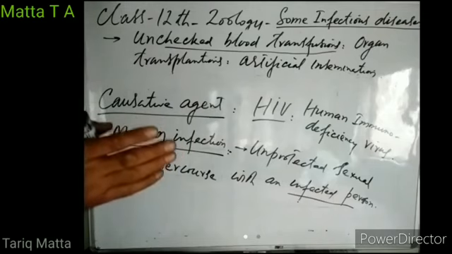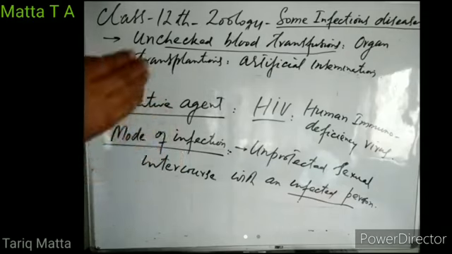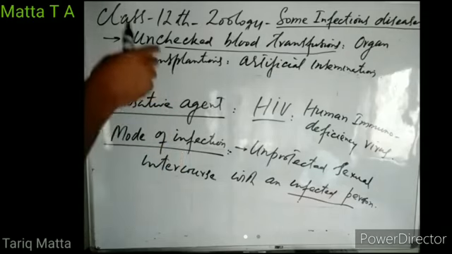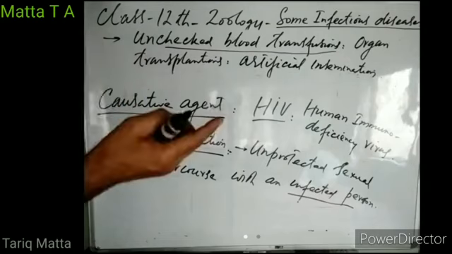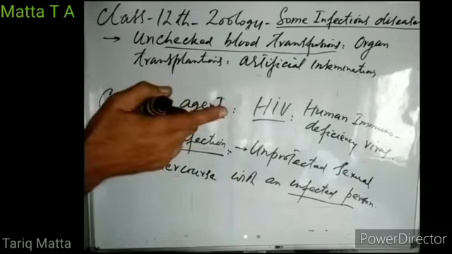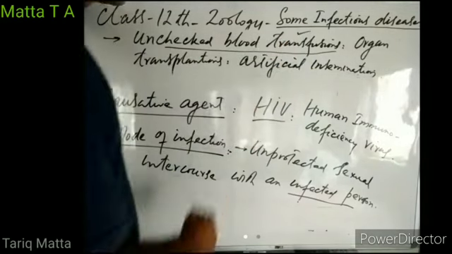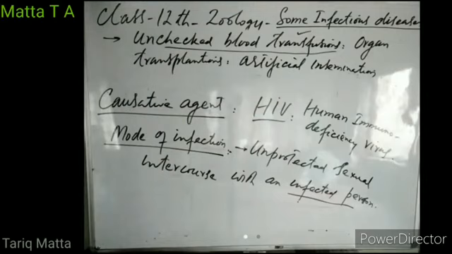If the blood was donated by an HIV positive person, that means the viruses are present in that blood. And if a person is given that blood without screening, the recipient will also get infected, right? So unchecked blood transfusion may also spread AIDS from an infected person to a normal person.